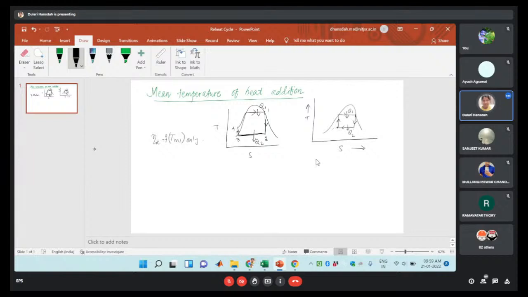That means the higher the mean temperature of heat addition, the higher the cycle efficiency. So let me draw the diagram properly.